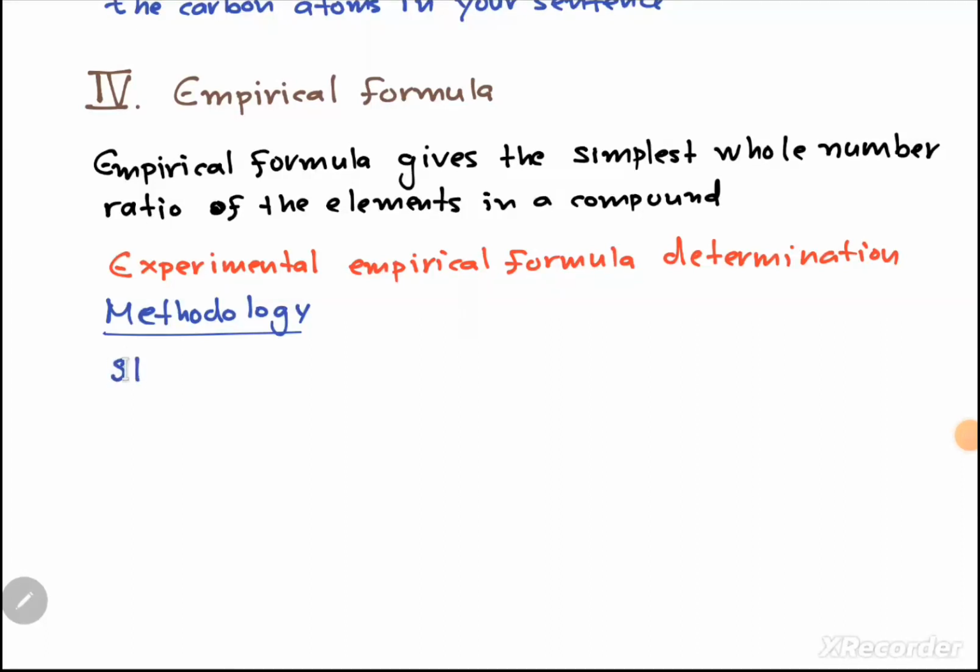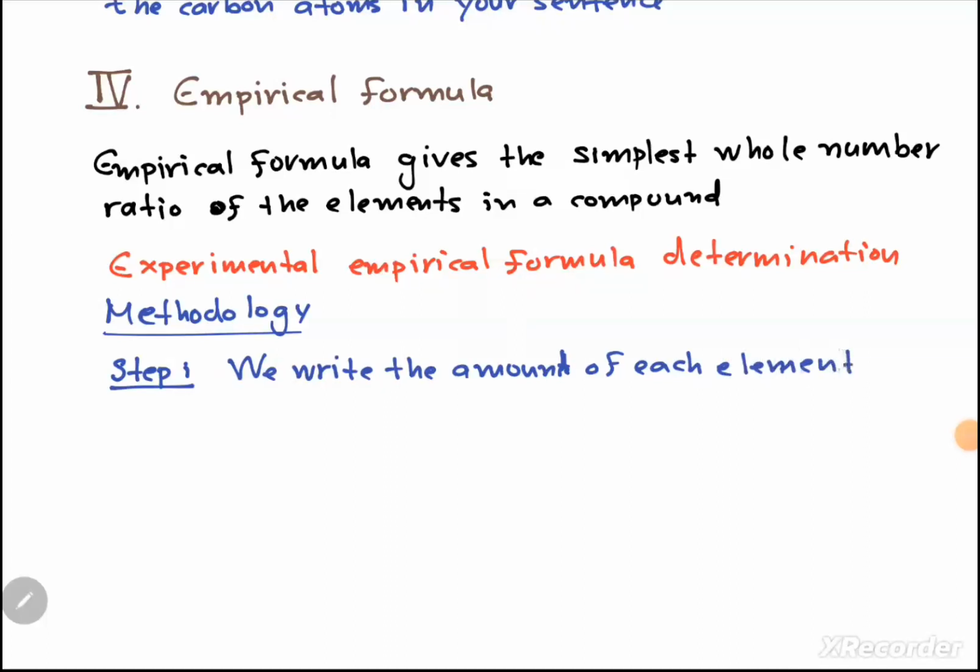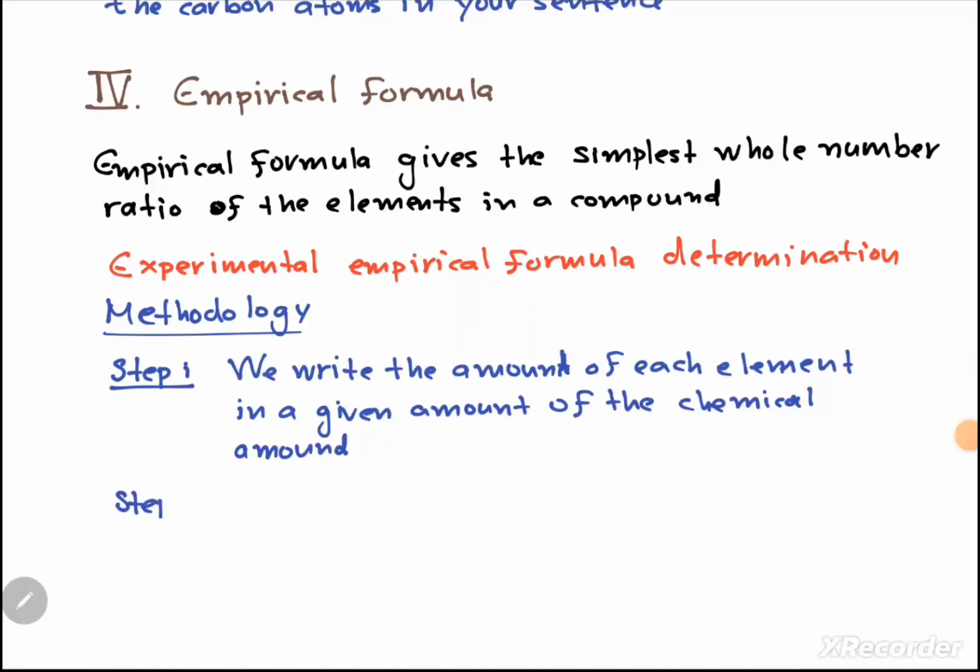Step 1. We write the amount of each element in a given amount of the chemical compound. Step 2.